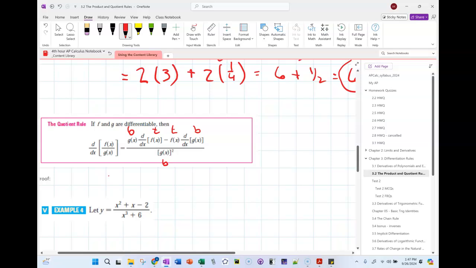So again, instead of g's and f's, I think of bottom and top, because sometimes you might have something where we've named the function like, let's say g of x is equal to f of x over h of x or something. And now it's like, oh no, the letters are in the wrong space. Or even worse, where we've defined h of x equals g of x divided by f of x. And now it's all confusing, the formula. I just think of bottoms and tops. Does that make sense to you guys?